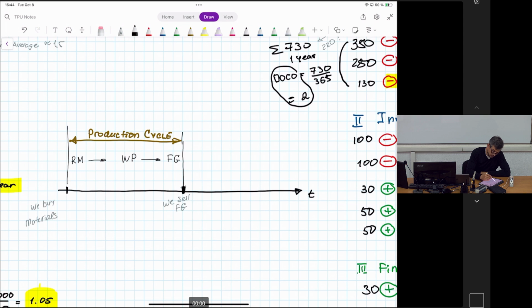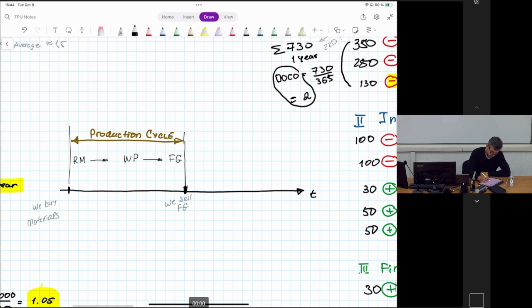And then we wait. So they become our accounts receivable. So we sell them, now it's accounts receivable. And finally, they become sales. Okay, so accounts receivable.